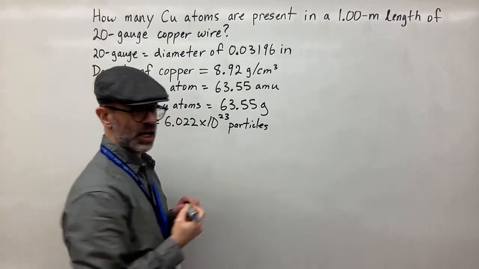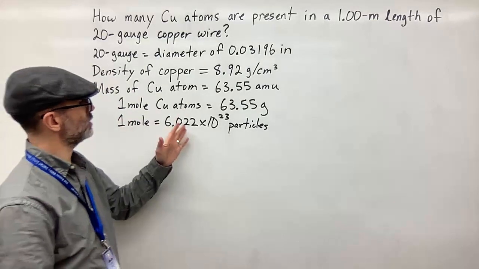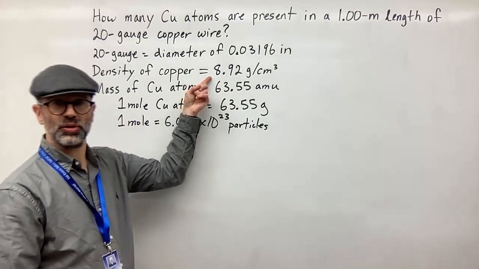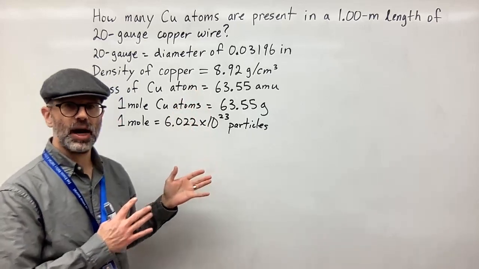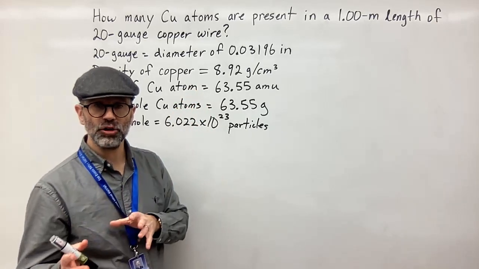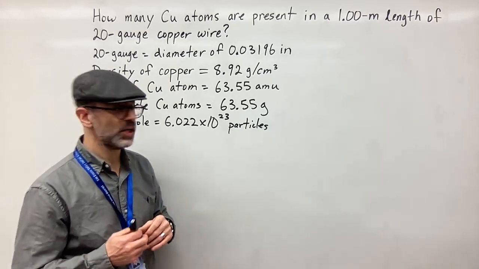In this case, we're talking about atoms of copper. Okay, so that's one thing. Another thing was that we were given density, so we can use that to convert between grams of copper and the volume of copper in centimeters cubed. And so that's some stuff we can use.